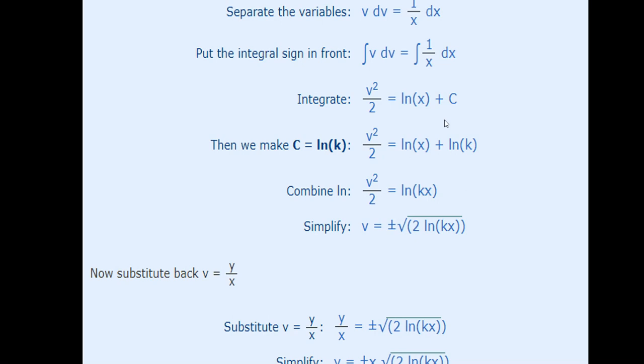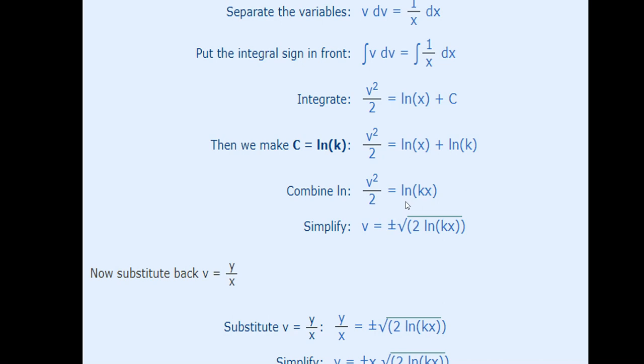Now let's remember one rule when we perform integration in DE whenever we see an ln term. If an ln term is present in one of the terms of your solution for your DE, the constant should be replaced, or could be replaced, by ln of c. So if we replace this one by ln of c, then we have ln of k, or we can change c to ln of k, so that we can combine these two ln's into just one expression, the ln of kx.